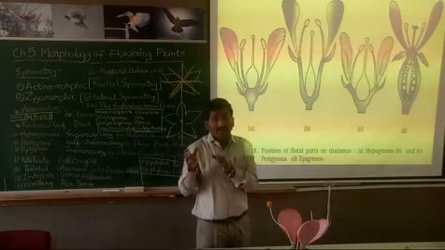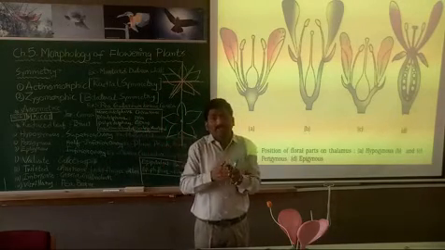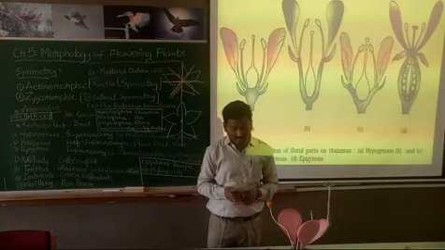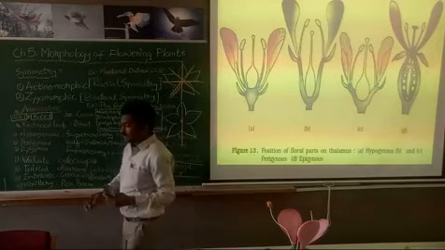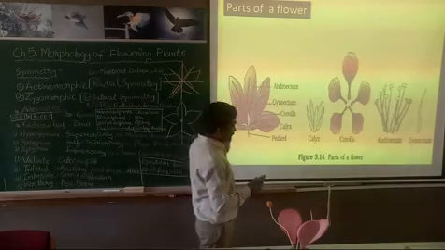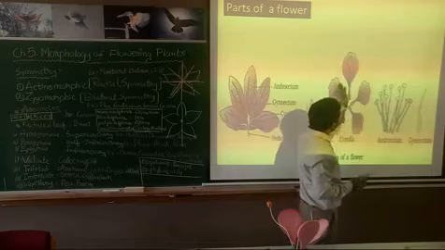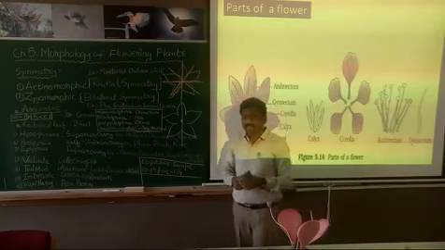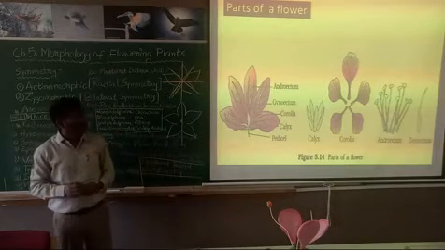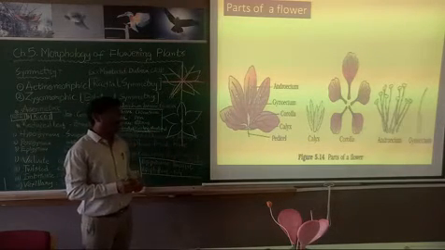We are taking consideration from outside to inside. So in that order, the second one is corolla. Understood? Corolla has specific characteristics. Here you can see on the screen, corolla. It is attractive and bright in nature for attracting the insects for pollination purpose.